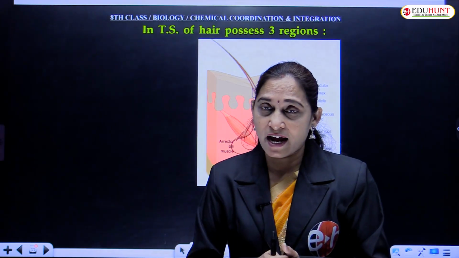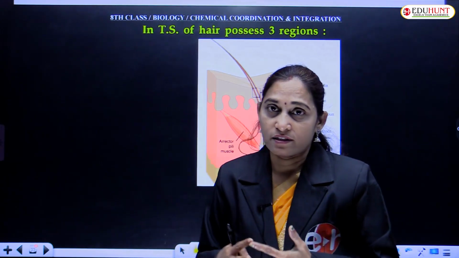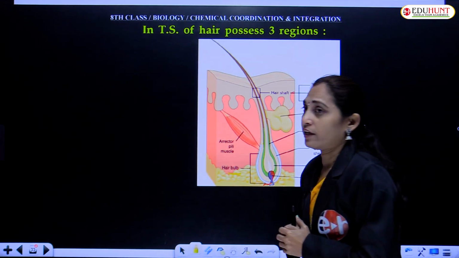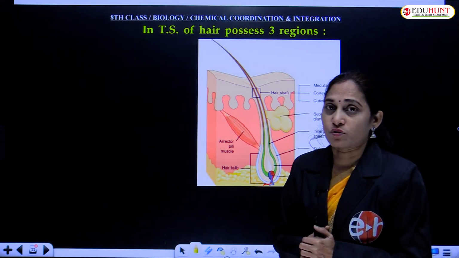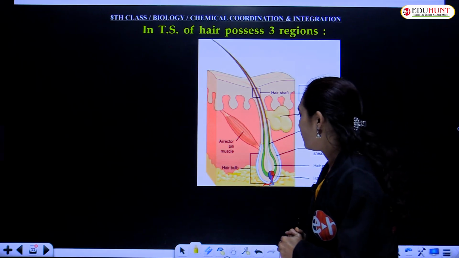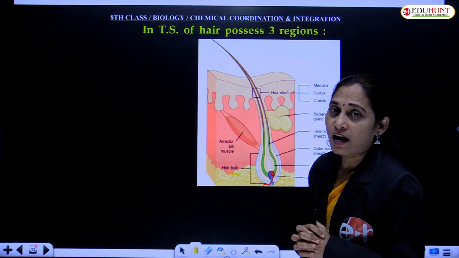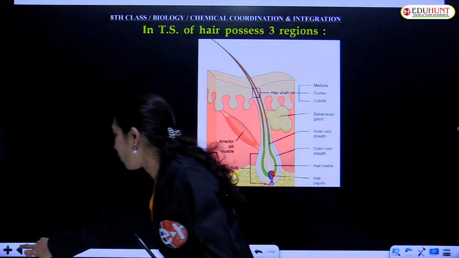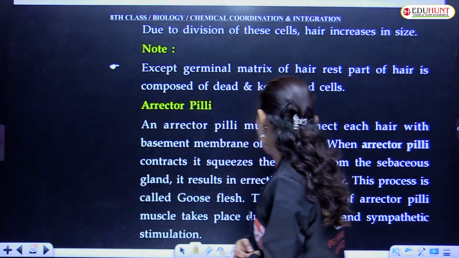They can divide and give rise to new cells. Because of the divisions that take place in this region, our hair grows. Hair growth depends on the cell division that occurs at the base of the hair bulb or near the root.